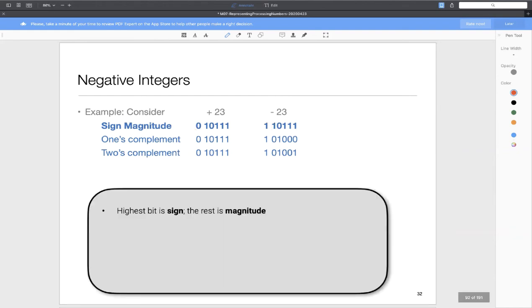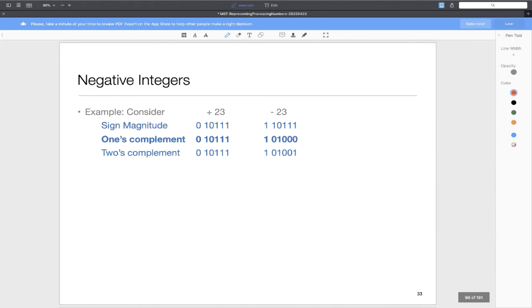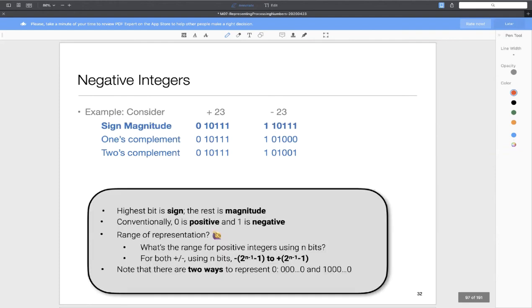There is 1's complement, but I'm going to stop at this point. The main point: the highest bit is sign, the rest is magnitude. What numbers can I represent? Well, 1 bit is going into sign, so magnitude can only be n-1 bits. The highest number I can represent in n-1 bits is 2 to the power n-1 minus 1.